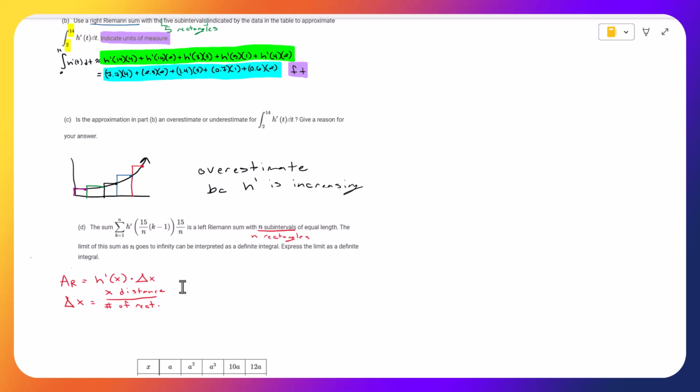That's important. Actually, I'm sorry, I keep writing x because I'm used to working with x's, but this is not x. We're talking about t. So I should be writing h prime of t and delta t, not delta x, because I should match the variable that we're working with.